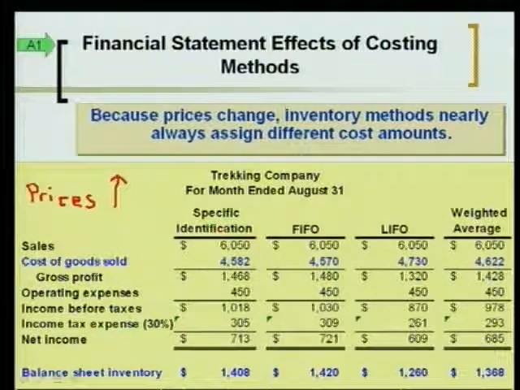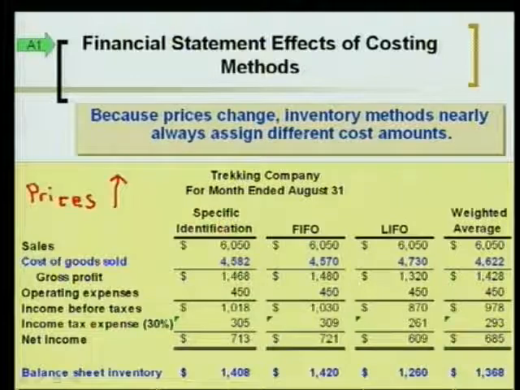Now, looking at this, it makes a big difference which method this company chooses, does it not? Because in each one of these, the cost of goods sold is different, thus the net income is different, and the balance sheet inventory is different, depending on what method they choose, correct?